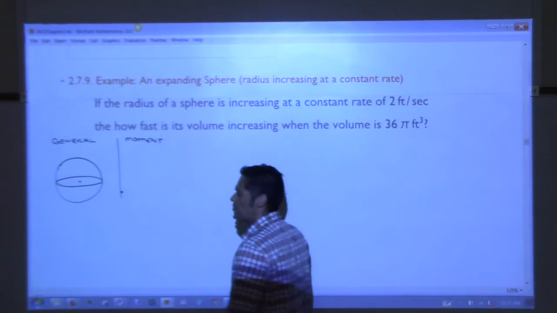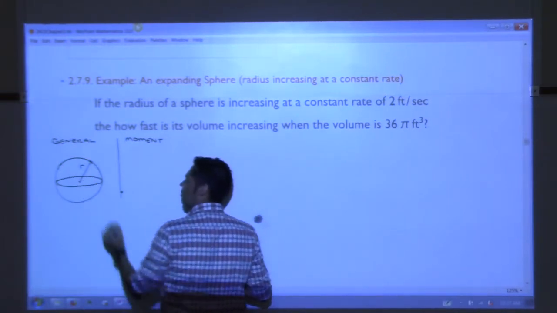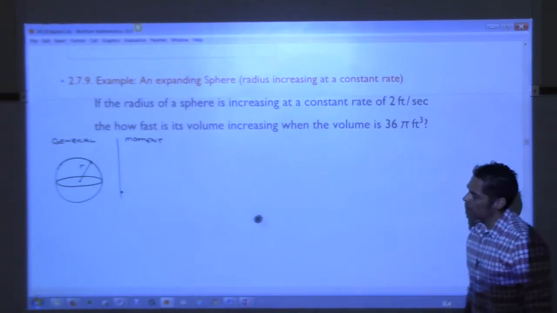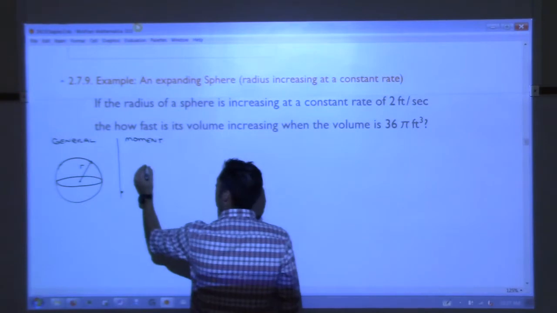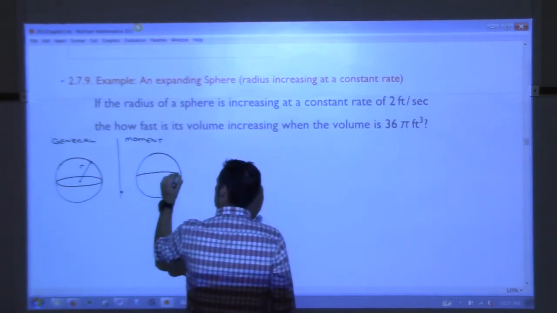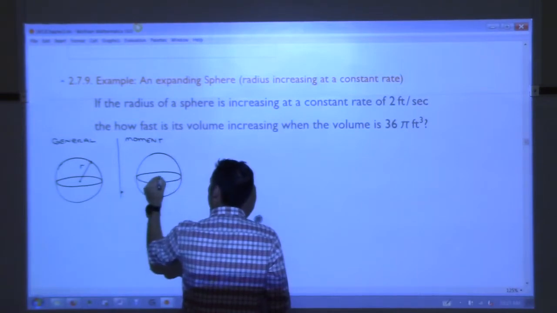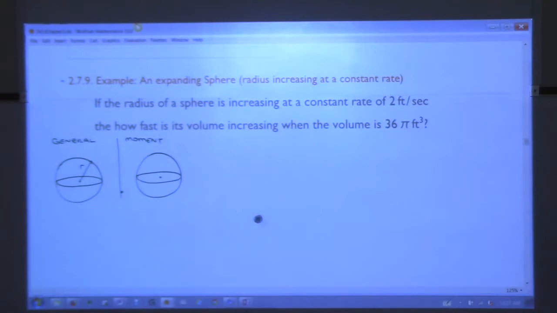That sphere has a radius, which I'm going to call r. Then I have a specific moment in time where I take my snapshot. And what can you tell me about that moment in time?